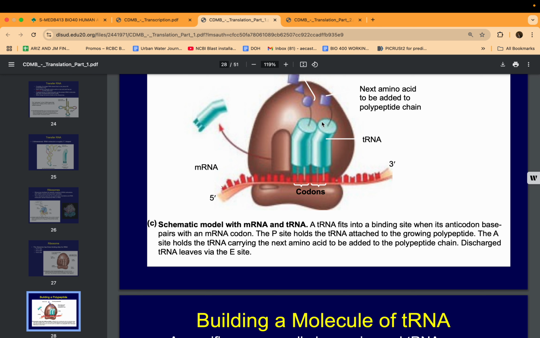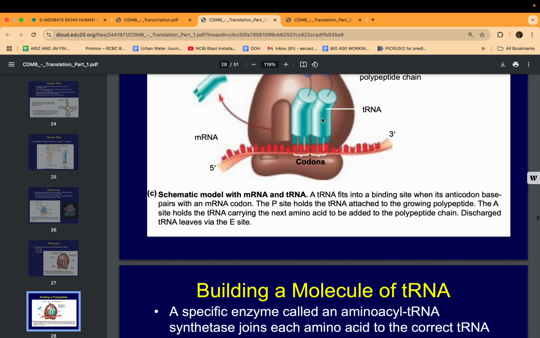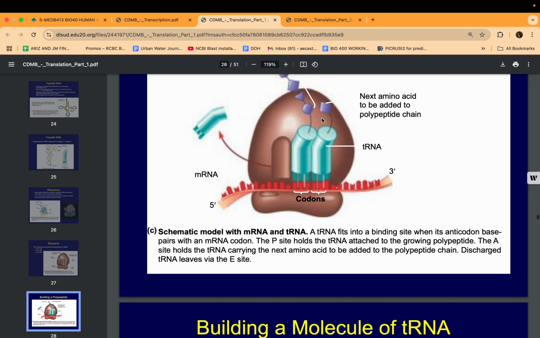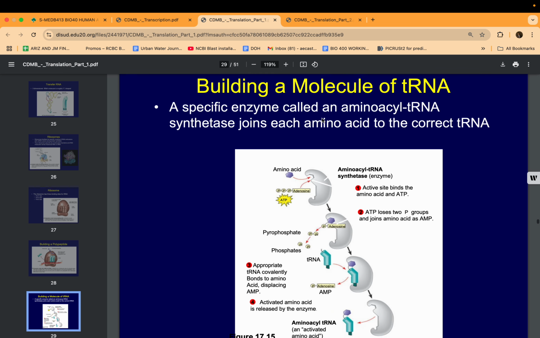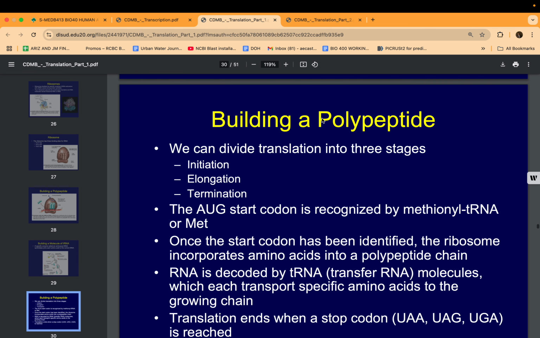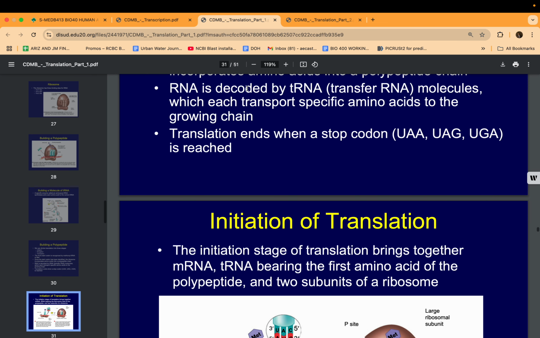So we'll just keep on producing the peptide bonds connecting the amino acid residues. I think that's all for translation.